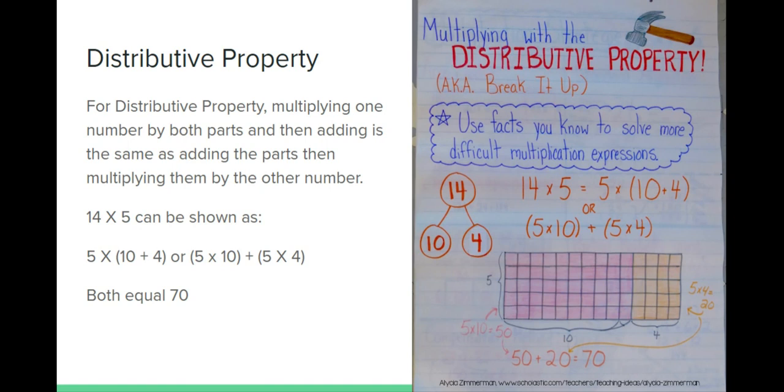Both of those will give you 70 when you work them out. So distributive means you can break it up. You're splitting that problem up. So you're either multiplying it by what you have added together in your parentheses, or you're going to split it up and multiply and make 2 sets of parentheses.